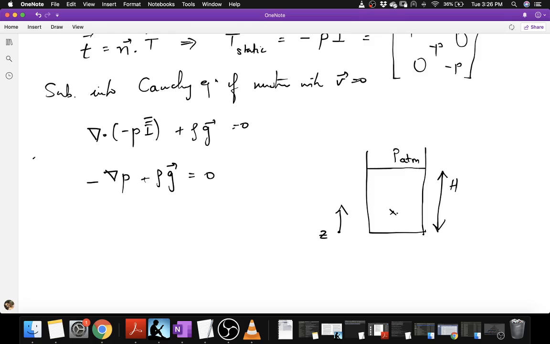And we would like to know what would be the pressure somewhere here, so that we can calculate the pressure force exerted along the walls. So all we would have to do is solve this equation, integrating it from z equal to 0 to the height capital H, applying the boundary condition that the pressure is atmospheric at z equal to capital H. This would lead us to the following expression for pressure as a function of z.